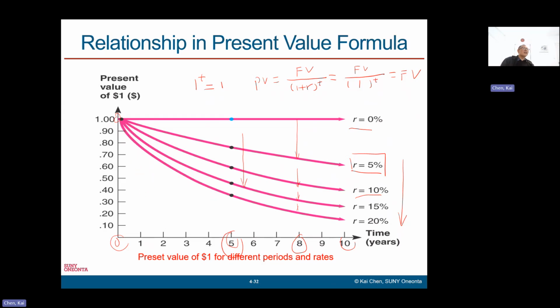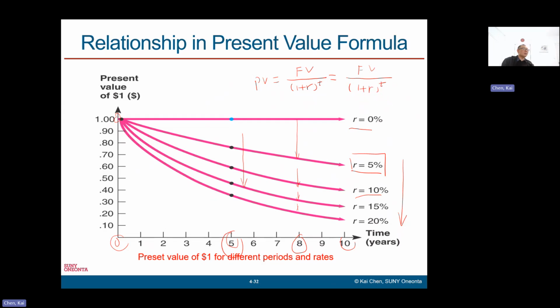Okay, and of course we can understand this point with math. With the present value formula, present value equals future value divided by (1 + r) raised to the power of t. This time t is 0, right? Then we have FV divided by (1 + r) raised to the power of t.